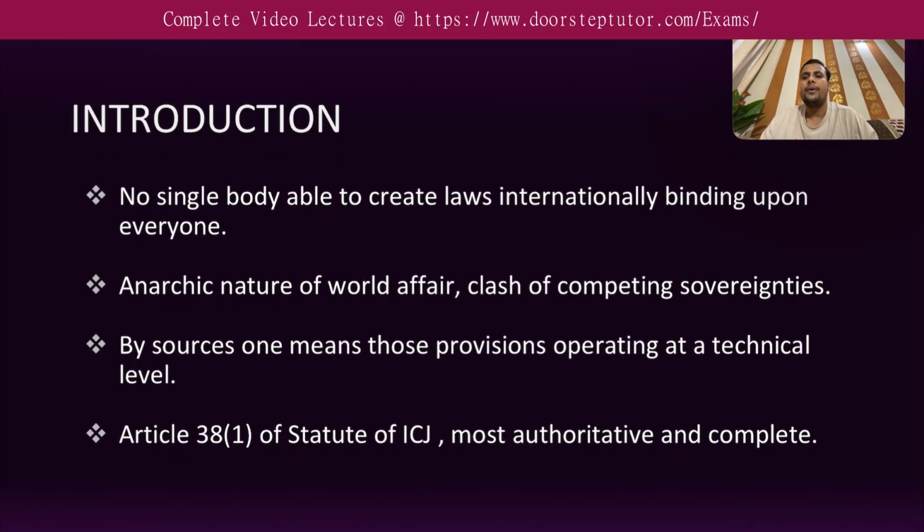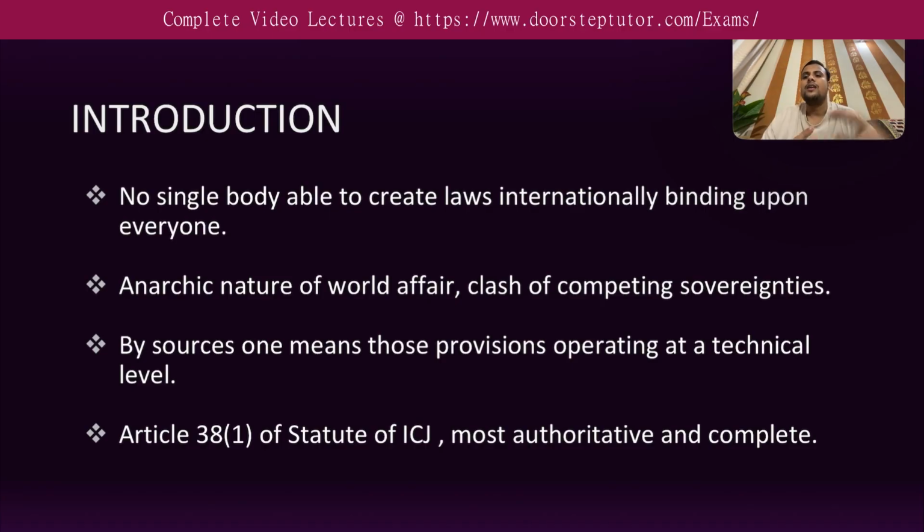Now, this perplexity, this confusion or problem, is reinforced because of the anarchic nature of world affairs, and there is a clash between the sovereignty of one country and another country. Okay, so there is a clash of competing sovereignties. What does this mean?